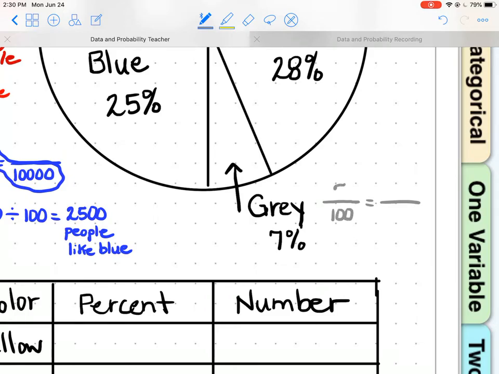Only 7% said they liked gray out of that 10,000. So you will draw the peanut and multiply, then divide by the number that's not in the peanut. If you can do this in your head, that's awesome. So 700 like gray.